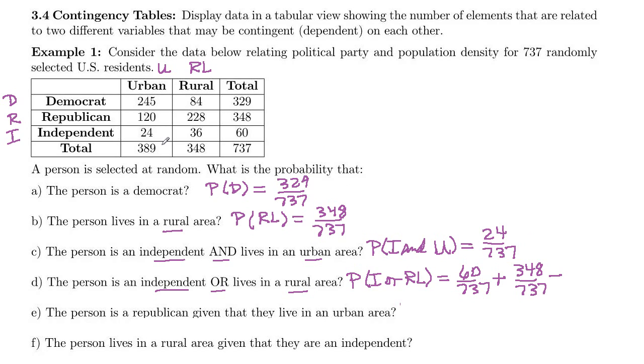And then subtract out the overlap here. So independents are here, rural area here, and we can see 36 was counted twice. So you have to subtract out that 36. And this gives us, with the calculator work, 372 out of 737.